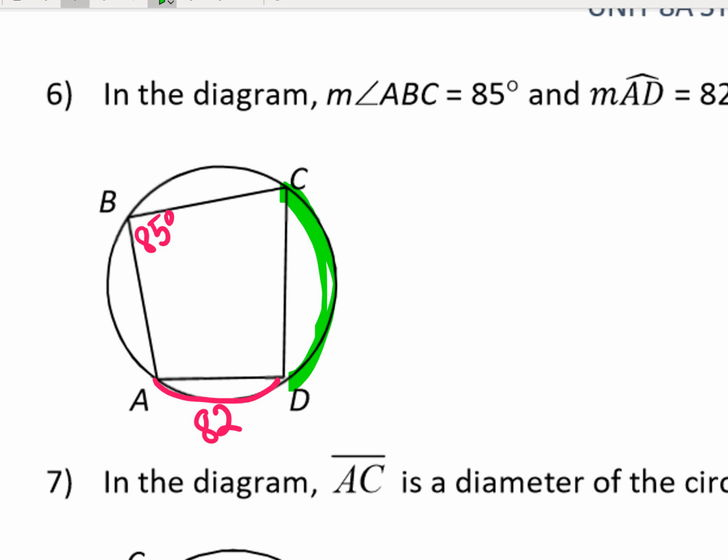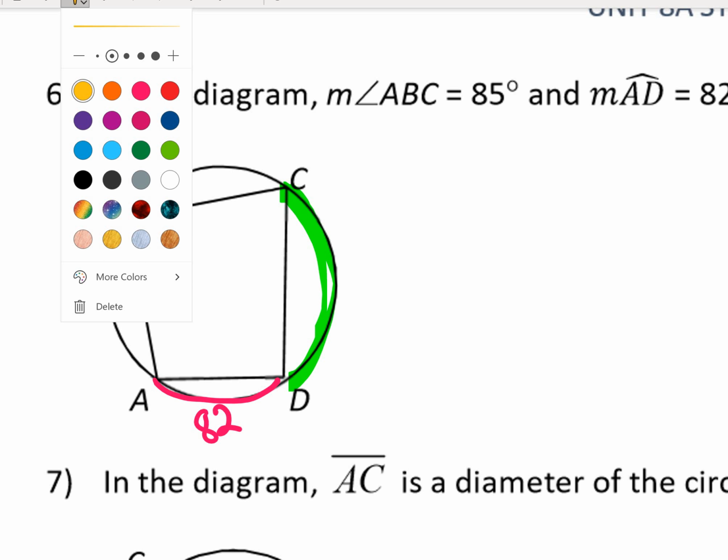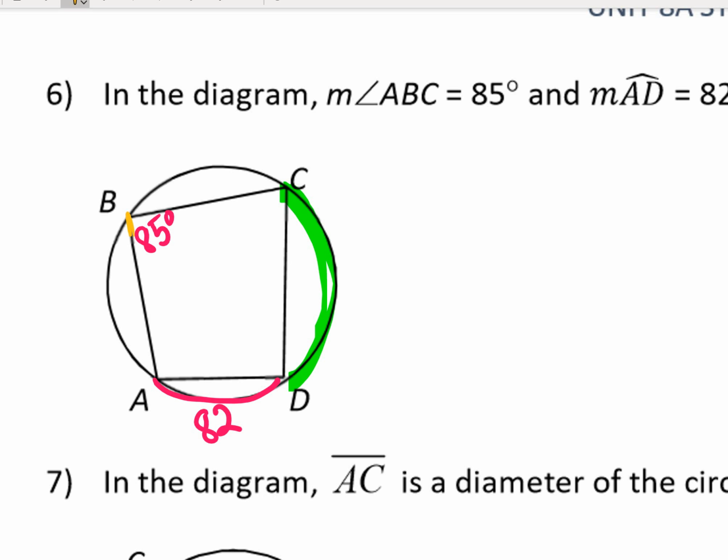All right, so on these kind of problems, check for, with what you know, I'm going to be looking for the idea of intercepted arcs and see if that can help us. So I'm going to pay attention to, let's go with a different color here, the arc that this angle intercepts is ADC. Right? Do you see that? All right.